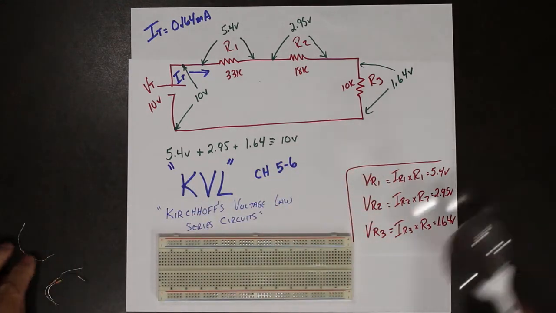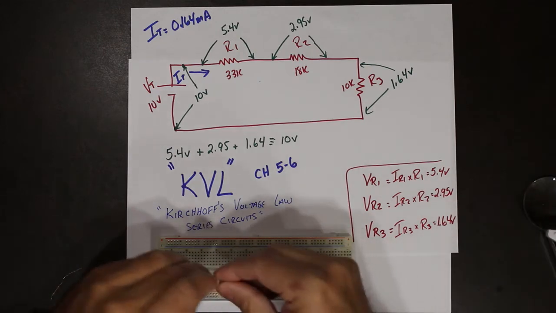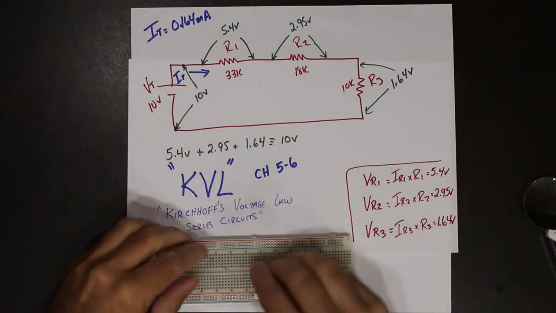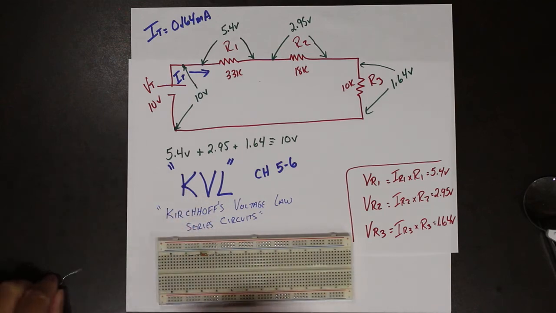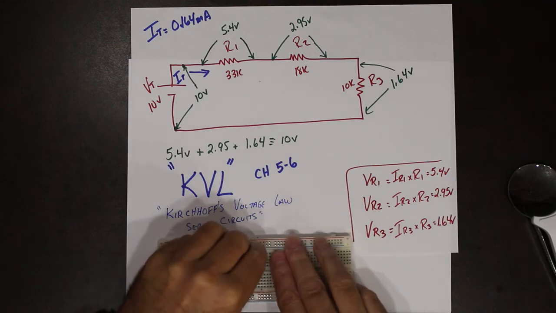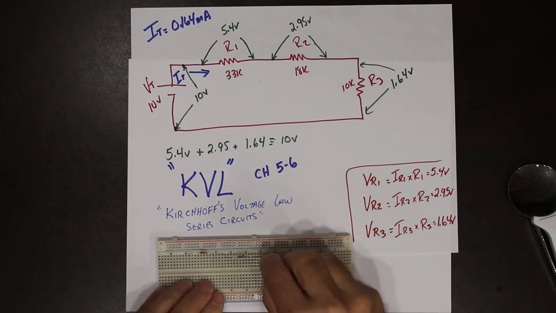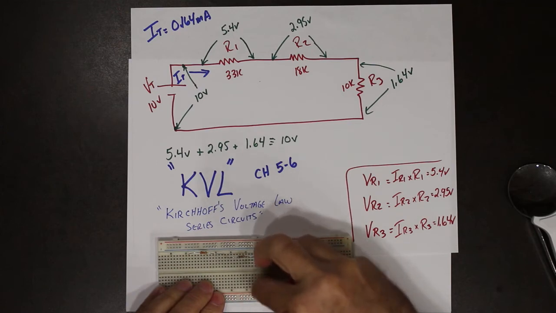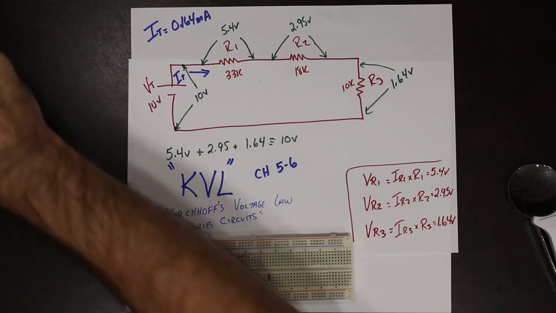So I've got these little resistors here. I'm going to place them in series. So we got the 33K, which is this one, followed by the 18K, followed by the 10K. So I'm going to take my supply at 10 volts.